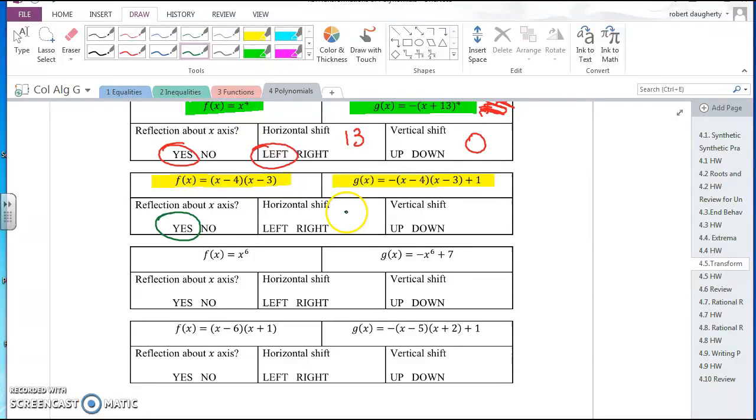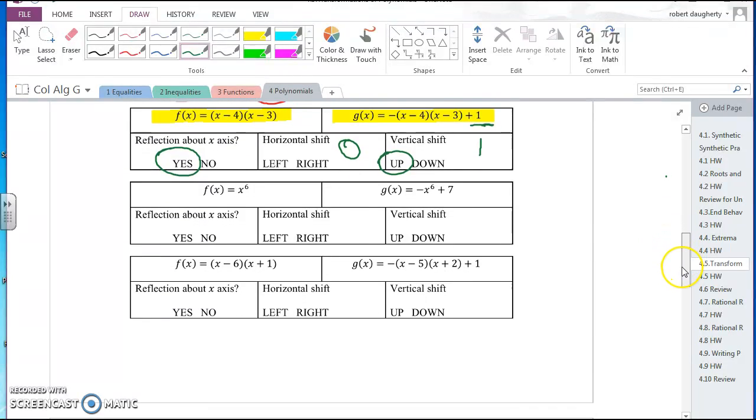Neither of those change, so there's 0 horizontal shift. But I do see this plus 1 on the end, so that means this graph moved upward by 1. Okay? So this is not really new. This is what you saw when we did the parent functions. It's just now instead of a parent function, you're given a polynomial and you're trying to figure out what the change is.